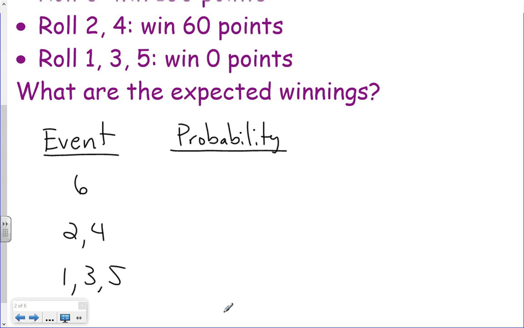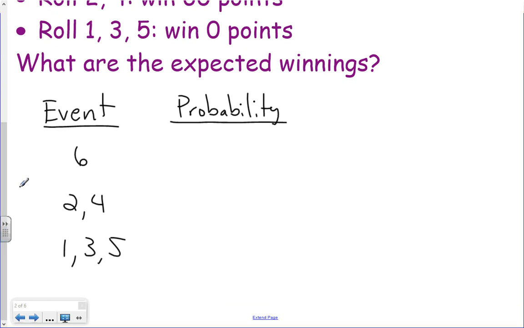of each one of these events is. Now we're just rolling a die, so we've done plenty of work with simple probabilities like that, so we should be able to figure out what the probability is. The event of rolling a 6, there's only one 6 on the die, and there's a total of 6 different possible outcomes in our sample space. So we know the probability of rolling a 6 is 1 out of 6. There's a 1/6 chance that that happens.